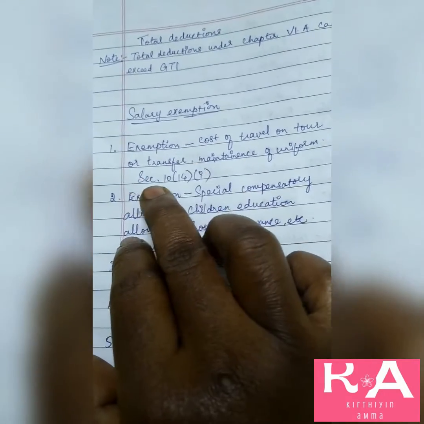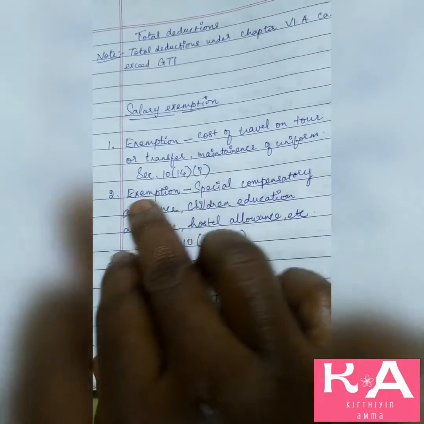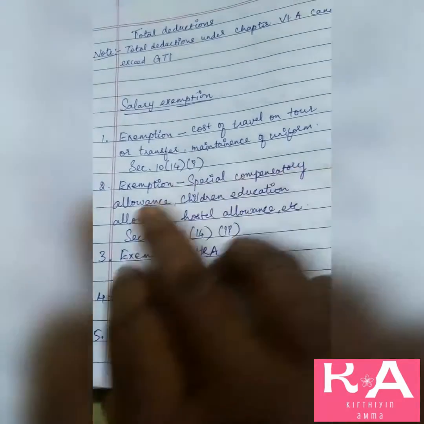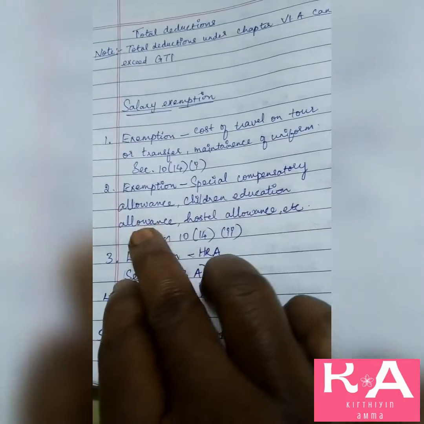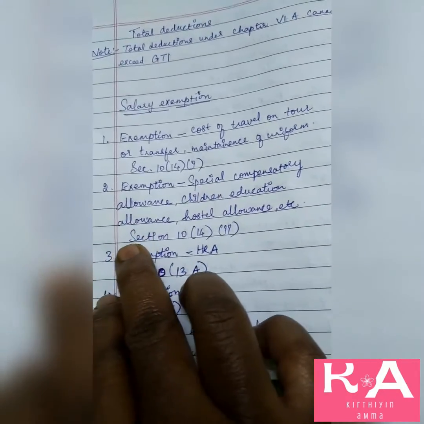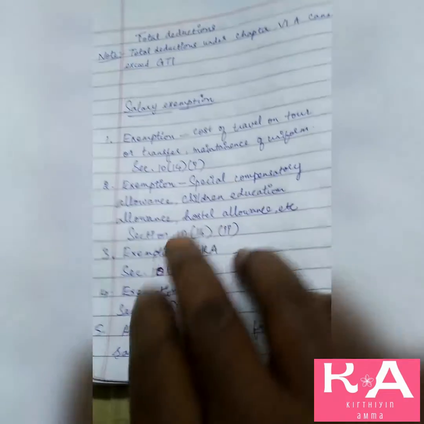This is section 10 subsection 14. Then exemption for special compensatory allowance, children education allowance, hostel allowance. For this you will have to refer to section 10 subsection 14 and subsection 2.